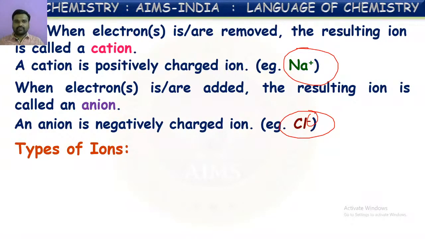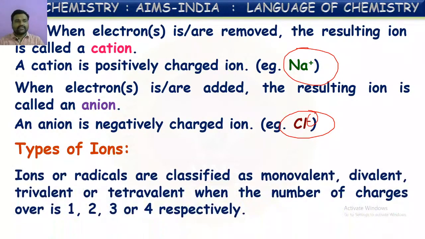Ions or radicals are classified as monovalent, divalent, trivalent, tetravalent and so on, when the number of charges on them is 1, 2, 3 or 4 respectively.